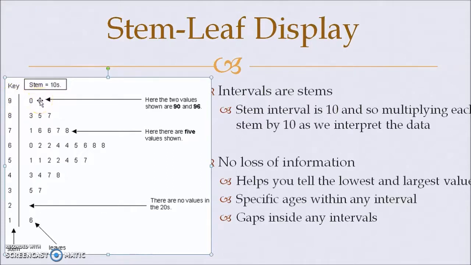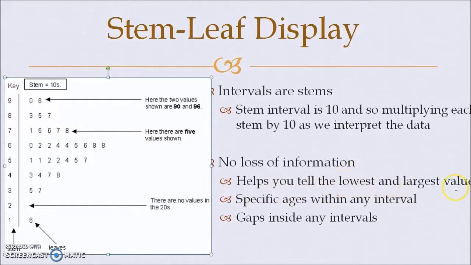These are the two values shown here. This is 71, this is 76, 76, 77, 78 in this category. So in the interval from 70 to 80, I have 1, 2, 3, 4, 5 values, and I also know the individual values that are there. So there is no loss of information.